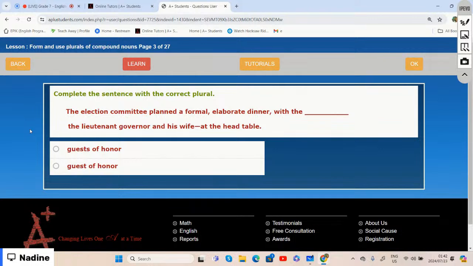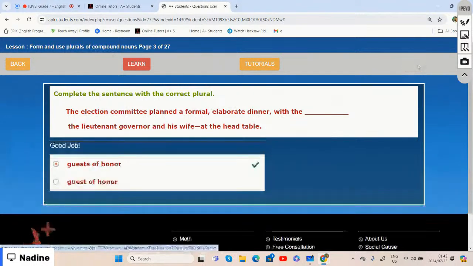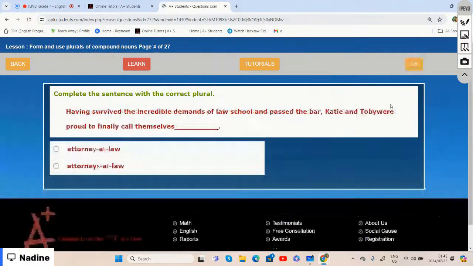All right, and if we were to choose our correct plural, and then we're going to choose option one, which is guests of honor, not guest of honor, one person, guests, meaning there's more than one guest of honor. And guests of honor is correct.